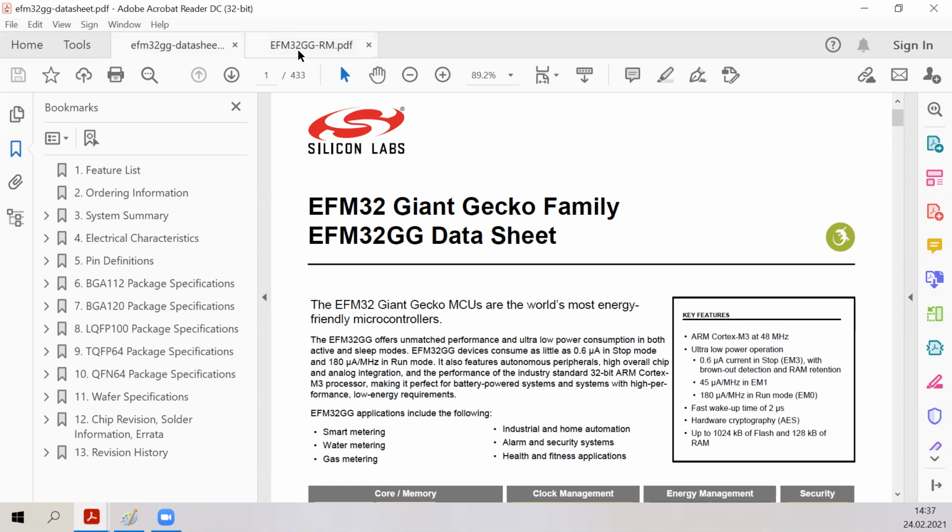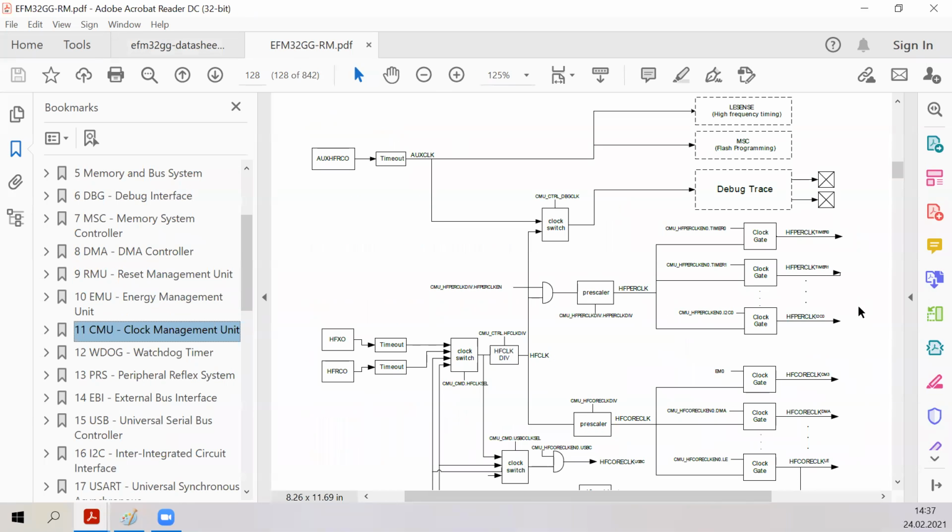And all of the microcontrollers are built in a very similar way. And older microcontrollers and newer all have the same principle. And it is the following. We have high frequency clock source. Most microcontrollers have a built-in high frequency RC oscillator.